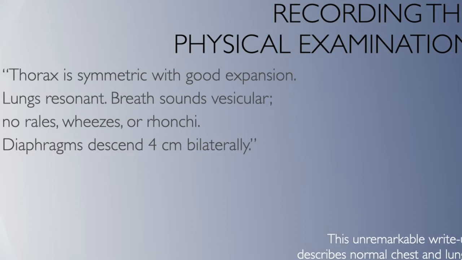In this example of an unremarkable write-up describing the normal chest and lungs, we see important components of the physical examination technique. The write-up reads, thorax is symmetric with good expansion, lungs resonant, breath sounds vesicular, no rales, wheezes, or rhonchi. Diaphragms descend 4 centimeters bilaterally.